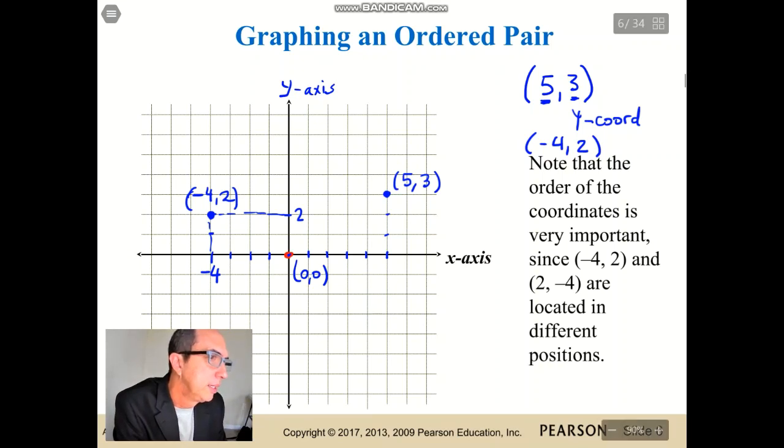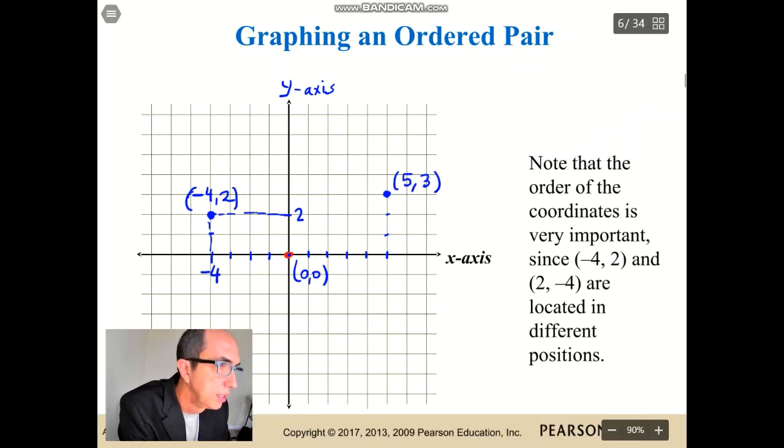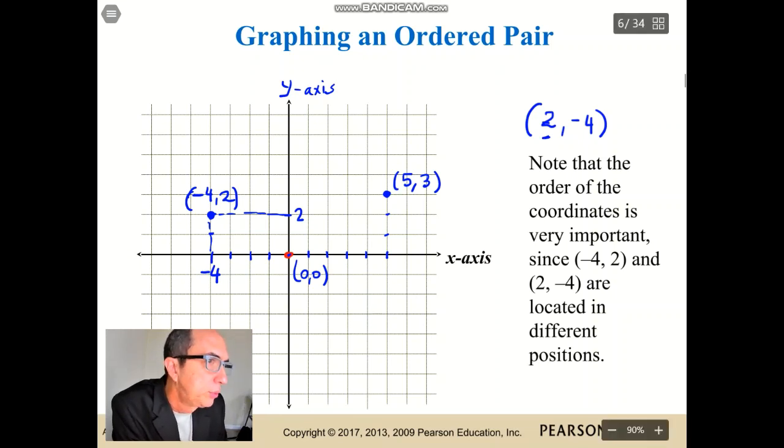Another point. Let me erase this. Another point we will plot on the graph is 2, -4. The first one is the x coordinate, so we go to the x-axis and we move 1, 2 to the right, because it's a positive number, right? And then -4 is the y coordinate, so let's move down 1, 2, 3, 4.